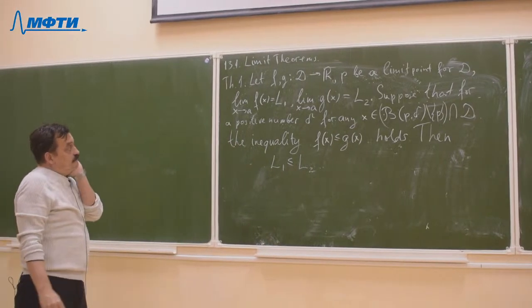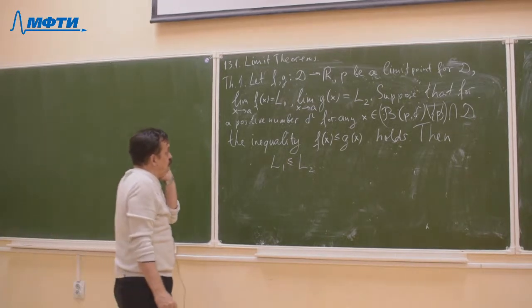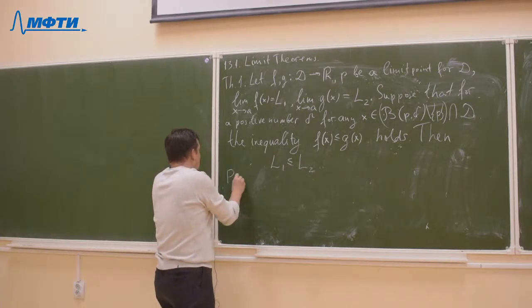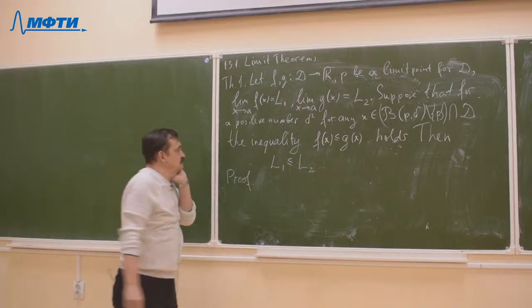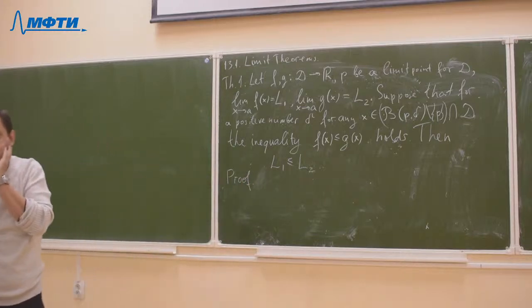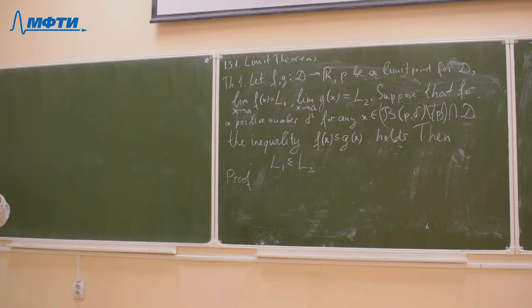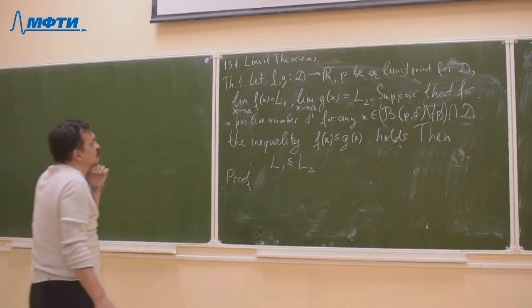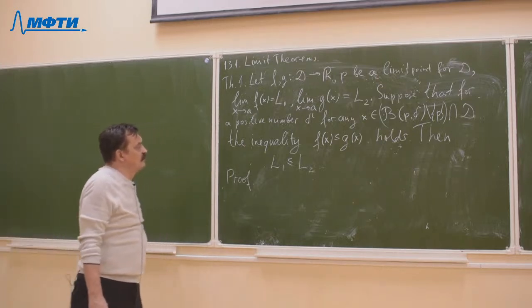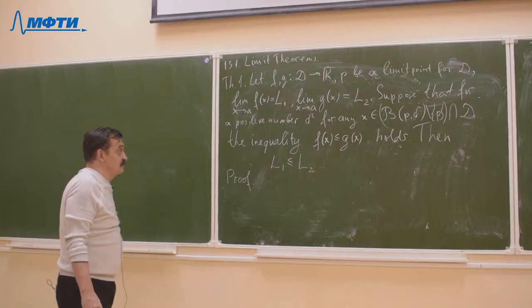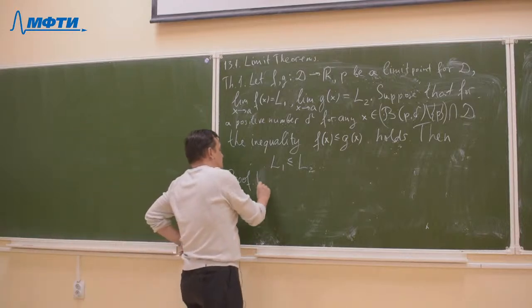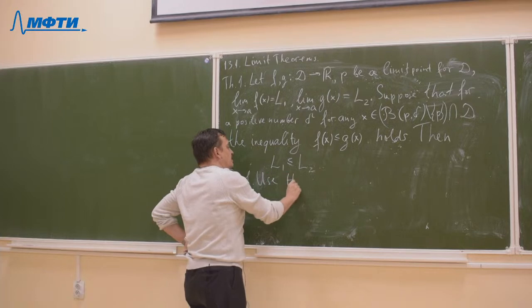So the proof is very easy. We refer to the corresponding properties of the limit of sequences. So we use the Heine definition.